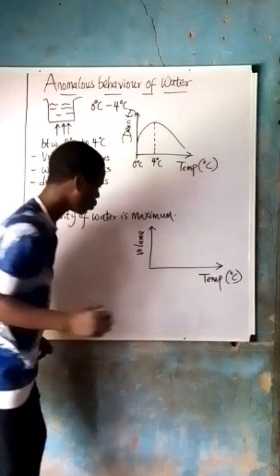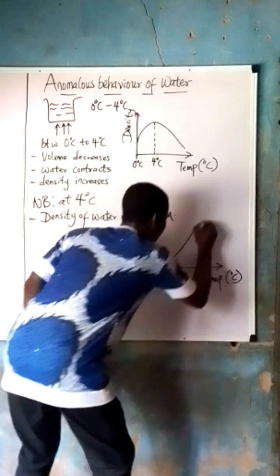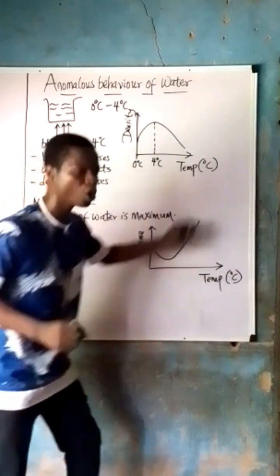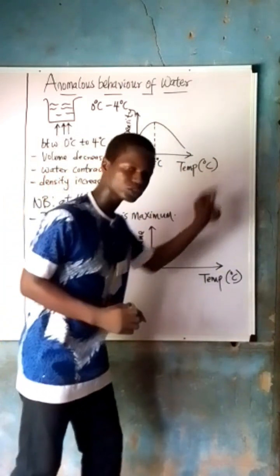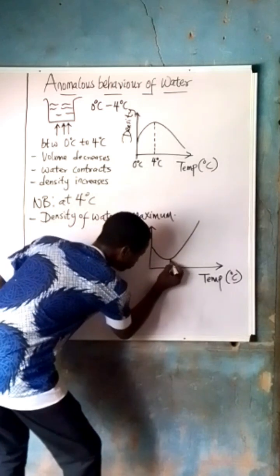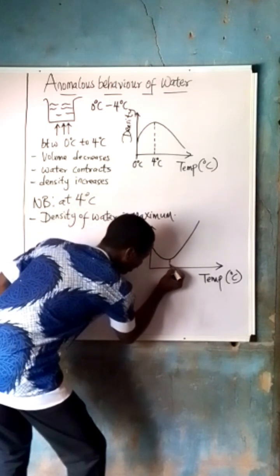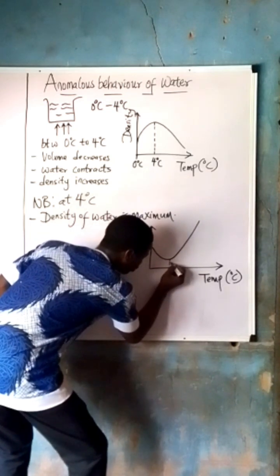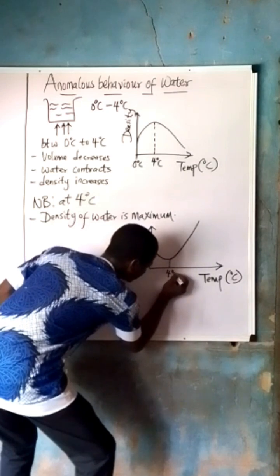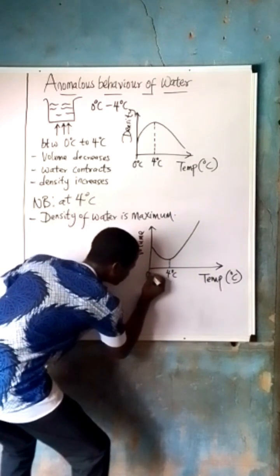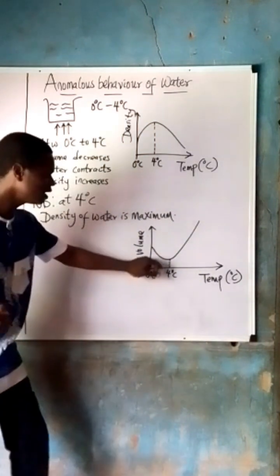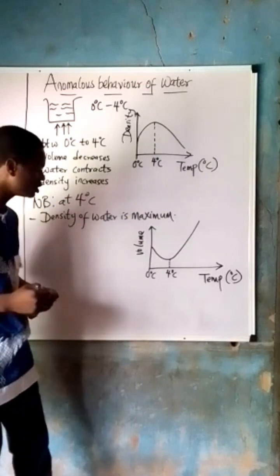The answer is no. This is how it will look like. A curve too. This one, an upward curve, whereby the lowest point is attainable at a temperature of 4 degrees Celsius. So this is for 0 degrees Celsius, while the lowest point is attained at 4 degrees Celsius.